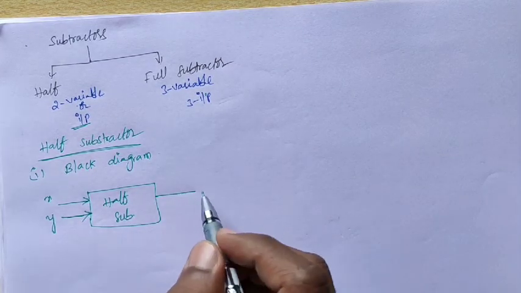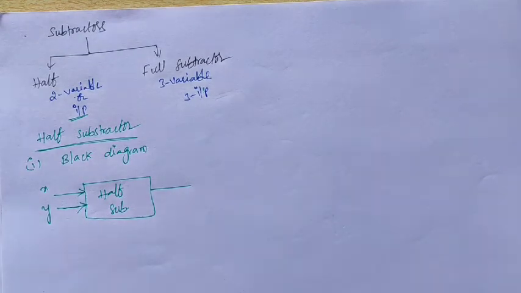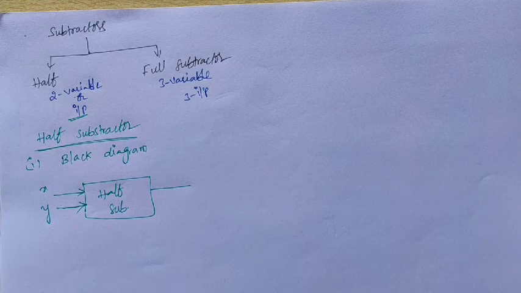In general, x and y are the inputs for the adder, and the generated outputs are sum and carry. Here in the half subtractor, x and y are the inputs. In 1's complement and 2's complement we already discussed how to subtract binary numbers. The adder generates a carry that is added to the next bit.